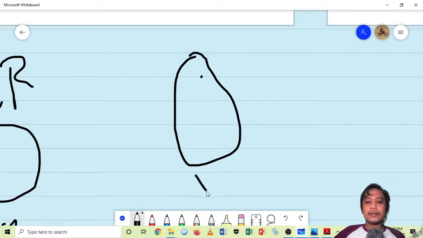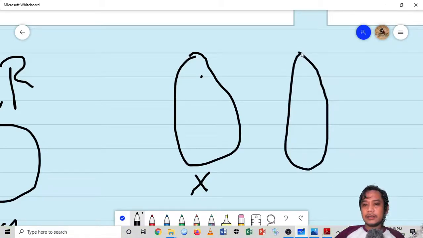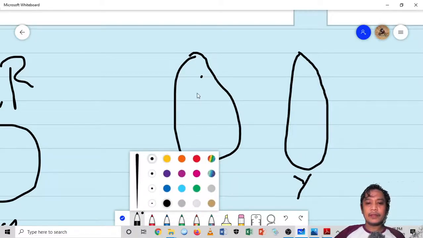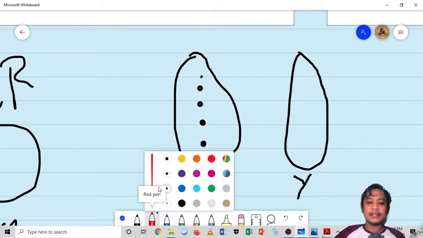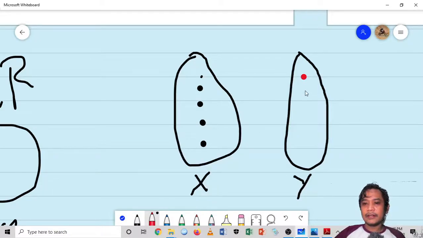So this is our domain X, and this is the codomain Y. Suppose there are elements in X here, and there are elements in Y. Let's change the color. So say Y has red elements.